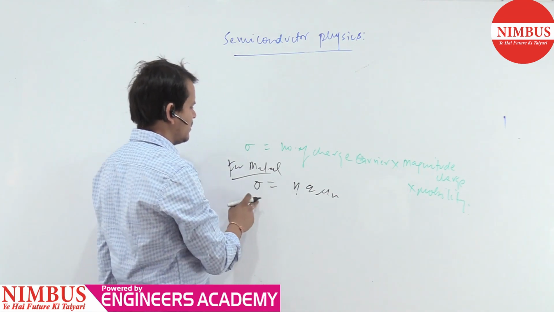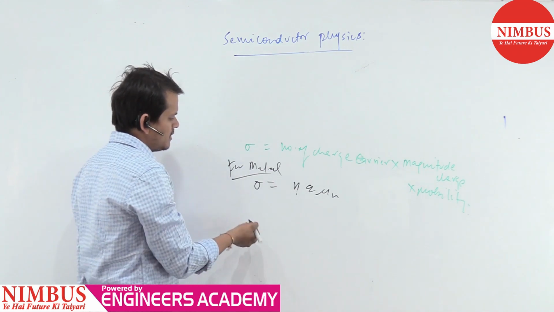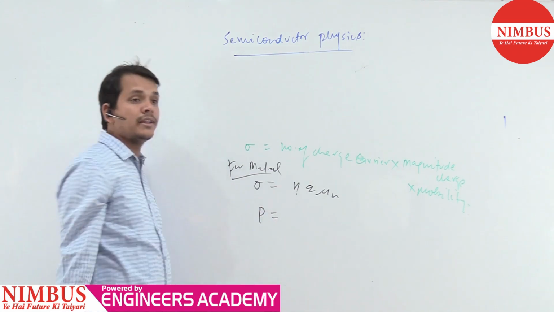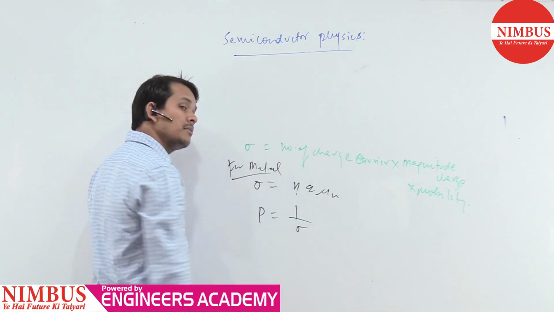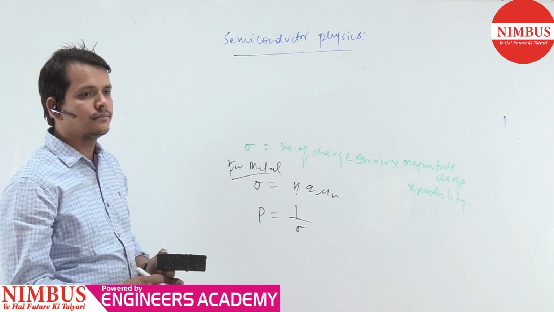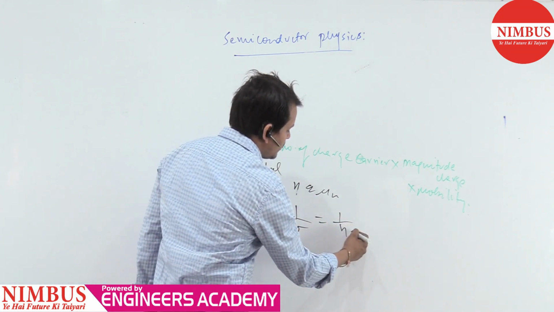Now if I take resistivity, the word resistivity is just the specific resistance of the material, or mathematically rho is 1 upon sigma, and here 1 upon n q mu n.